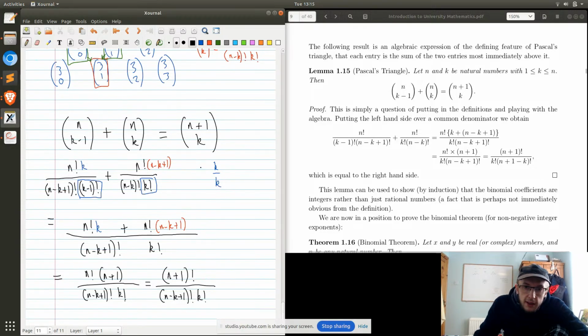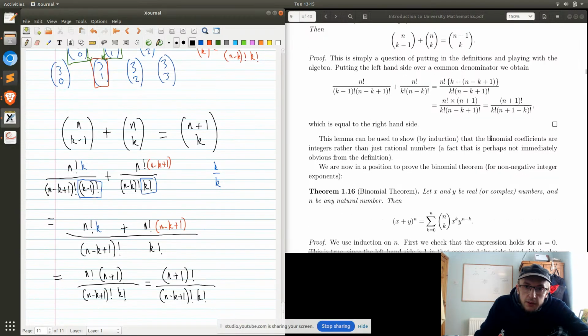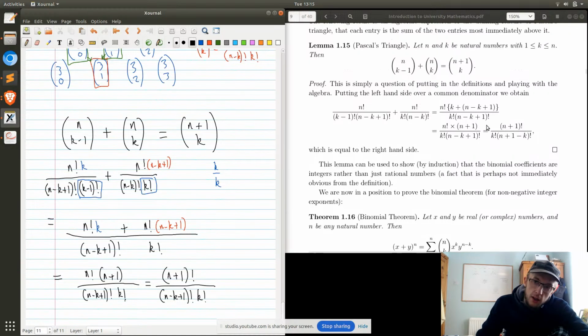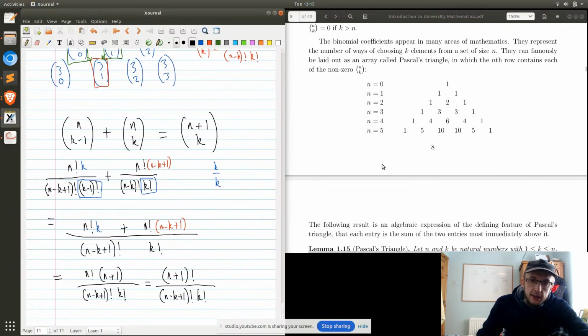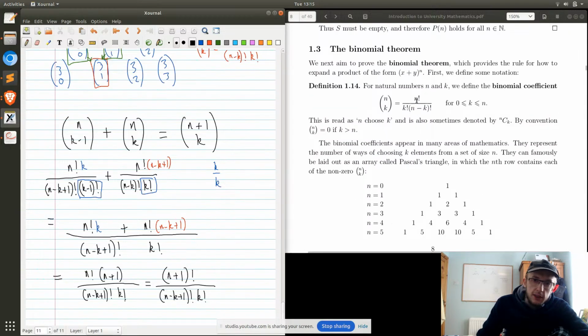So let's see. This lemma can be used to show by induction that the binomial coefficients are integers rather than just rational numbers, a fact that is perhaps not immediately obvious from the definition. Okay, so what is he saying there? He's saying that, look, I've defined n choose k like this.